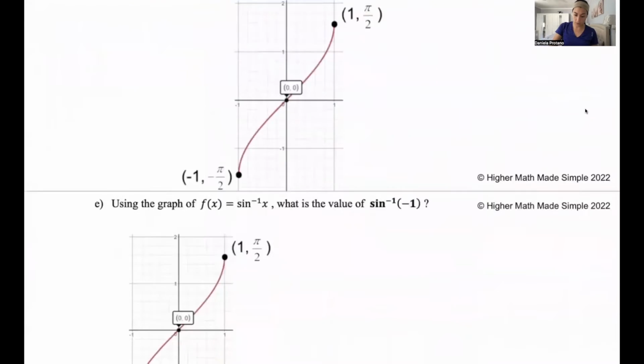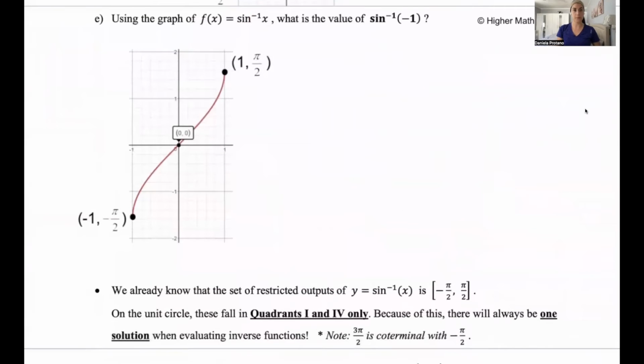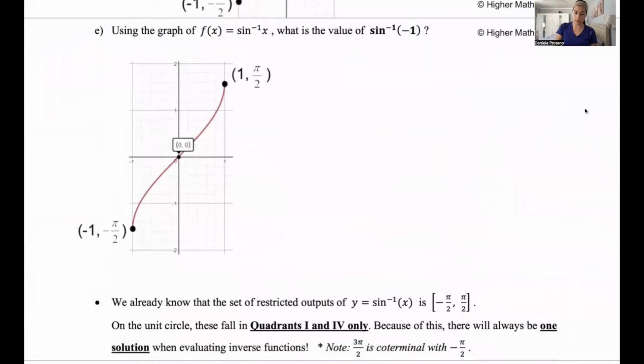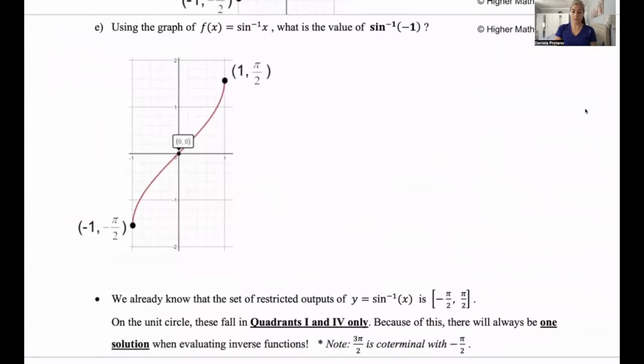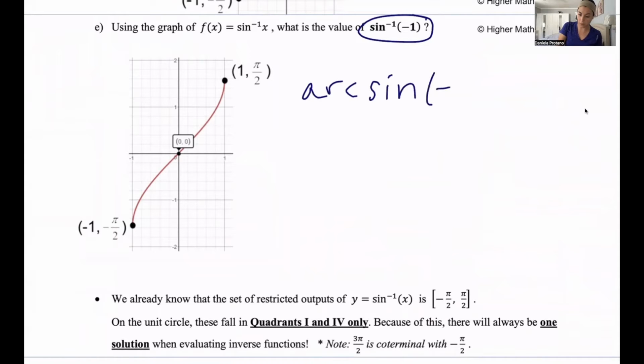So using this graph here, what is the value of inverse sine of negative 1? And again, I could also be writing it as arc sine of negative 1.